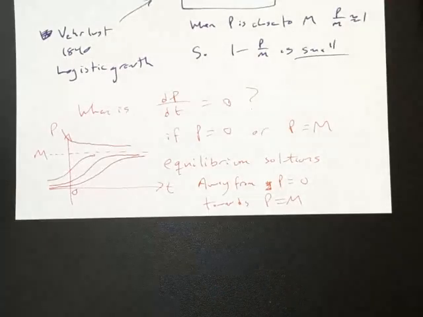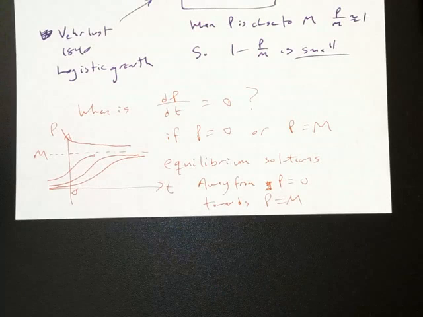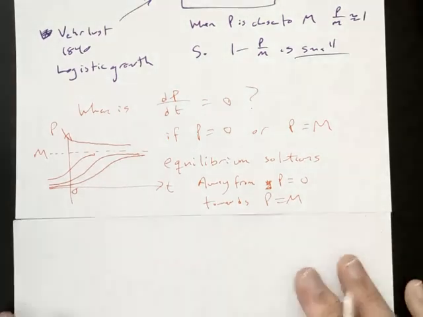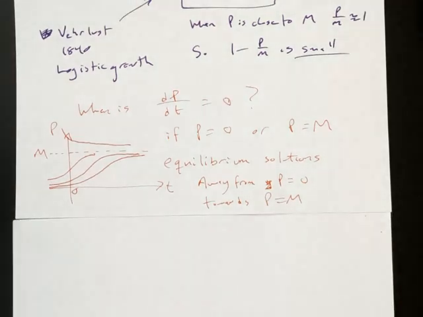So one description of these two different behaviors is to say that our line P equals 0 is unstable. If you're ever so slightly above or ever so slightly below, as time goes on, you go away from 0. But the line M is stable. As time goes on, you get closer to M, no matter where you start.